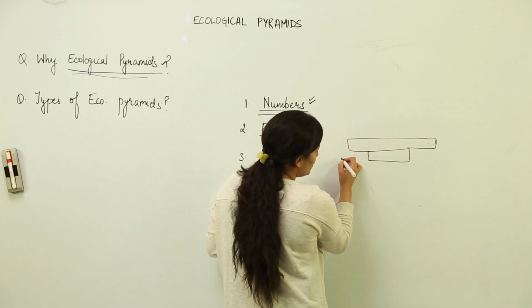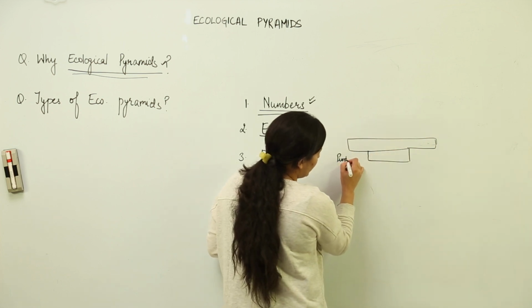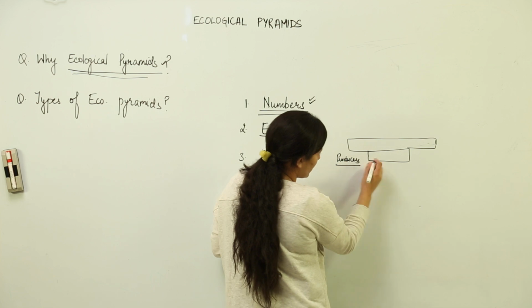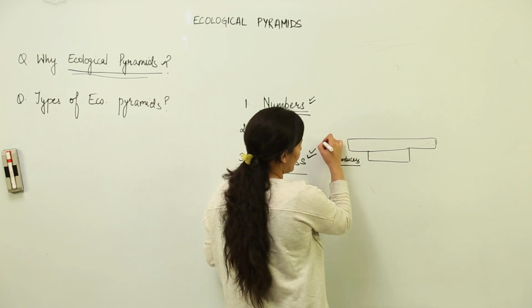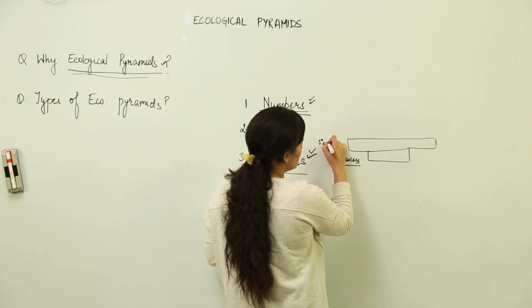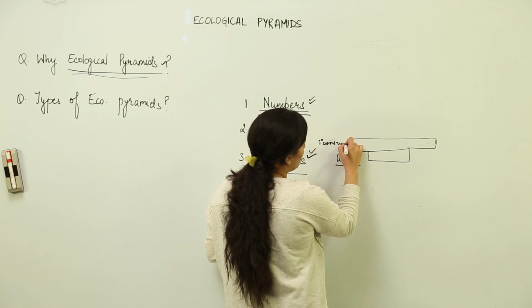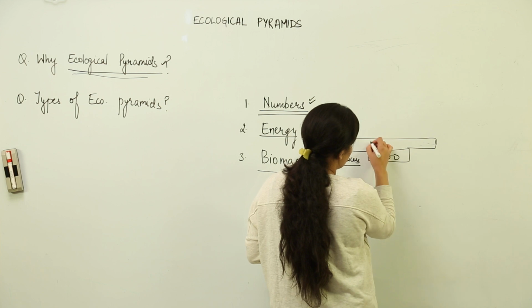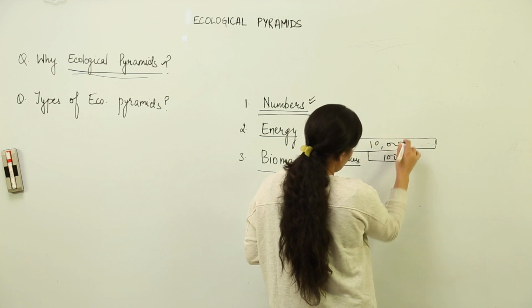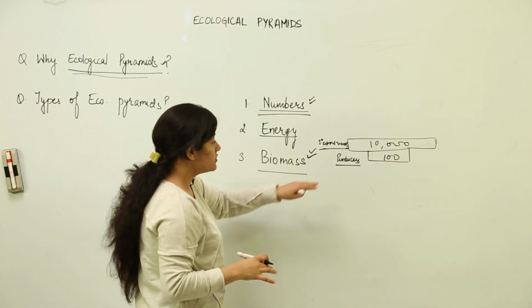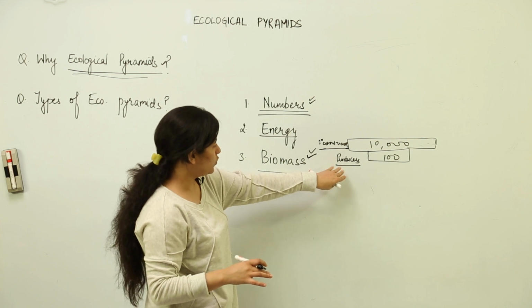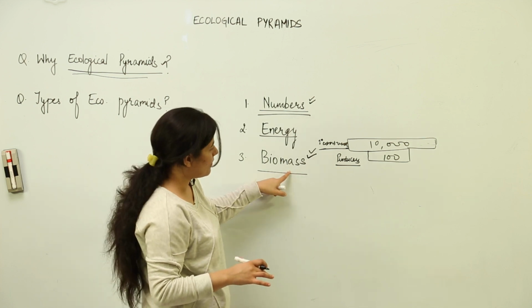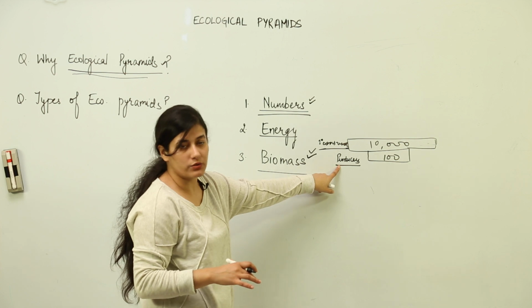So in a way you get the producers occupying a smaller biomass unit as compared to the primary consumers, which are much larger in number. Suppose there are 100 producers, there are 10,000 consumers which are dependent on these. So this shows an inverted pyramid in case of biomass, in case of a pond ecosystem.